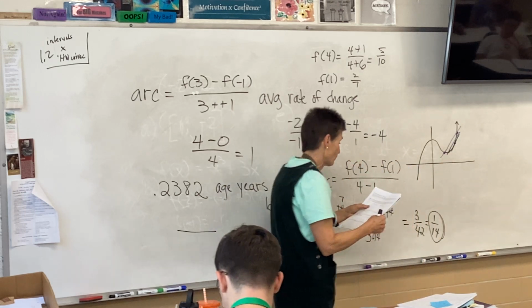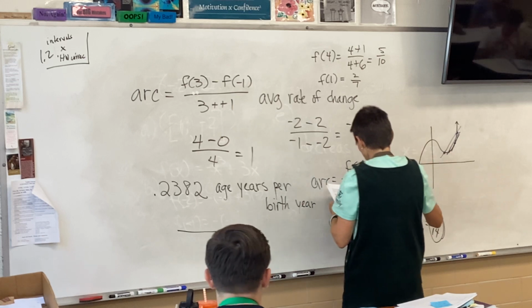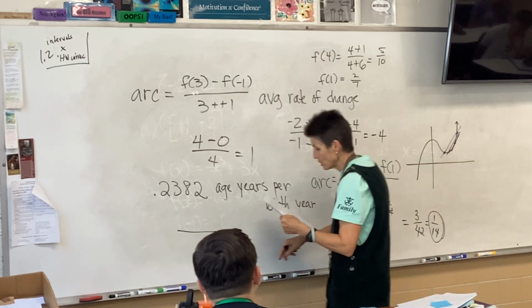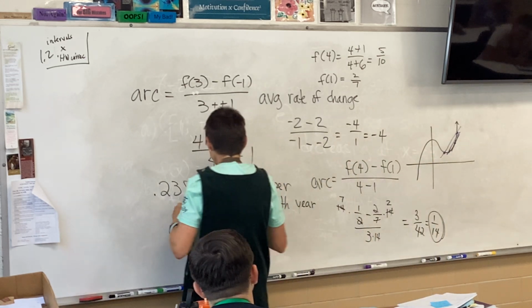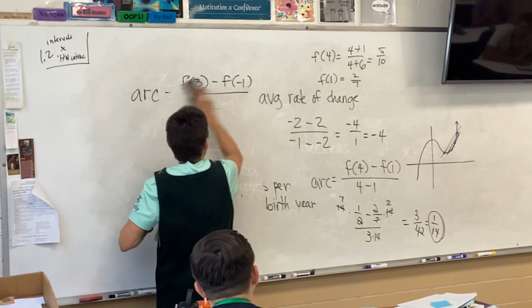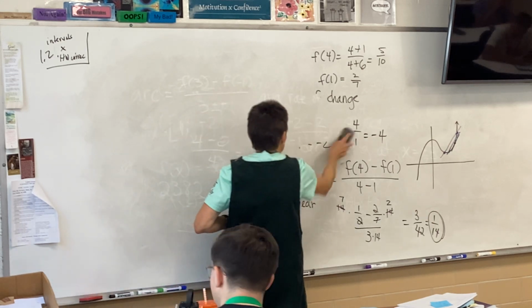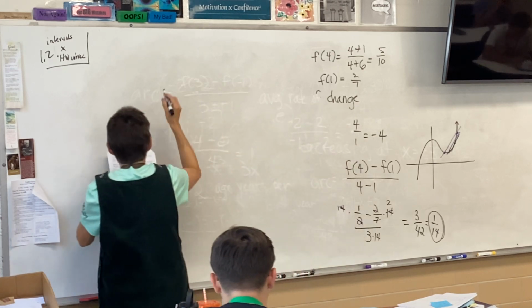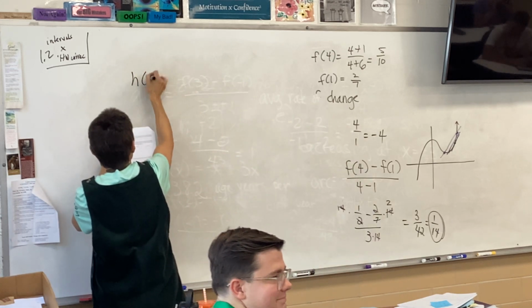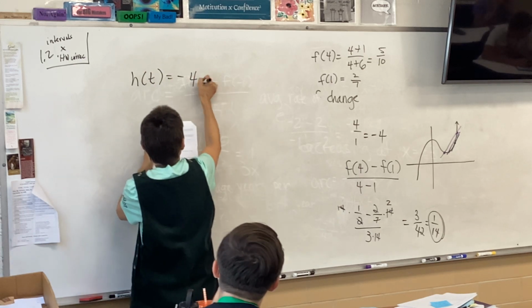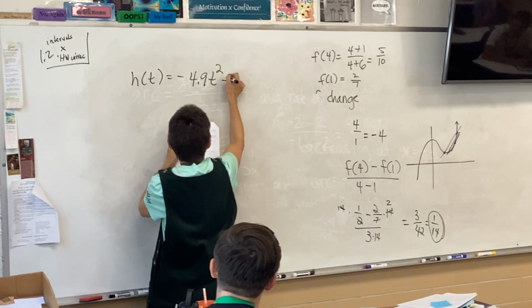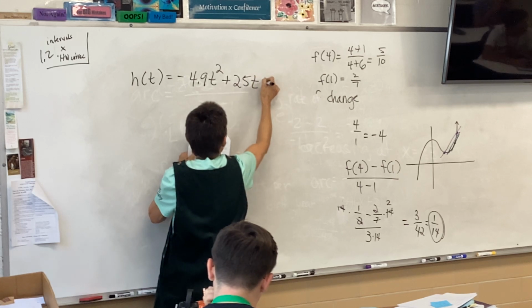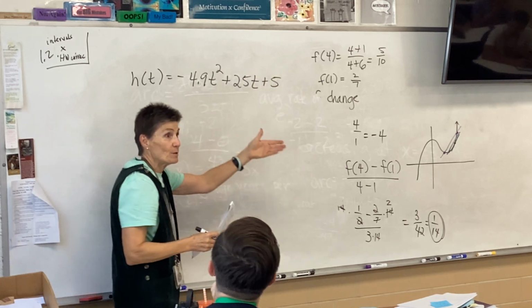A ball is thrown vertically in the air, the height of the ball, okay. Find the average rate of change in the height of the ball over the given intervals. All right, would you and your partner, keep in mind, this is your function. By the way, this looks a little bit different than the one we did a few days ago.